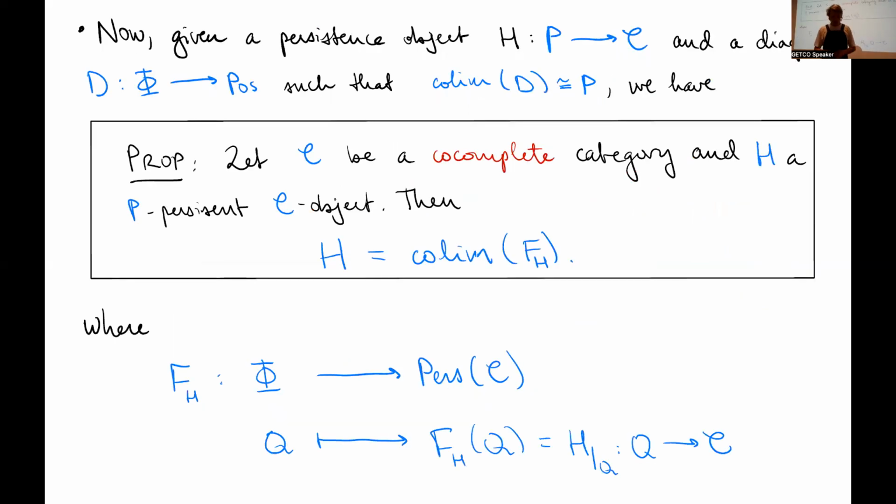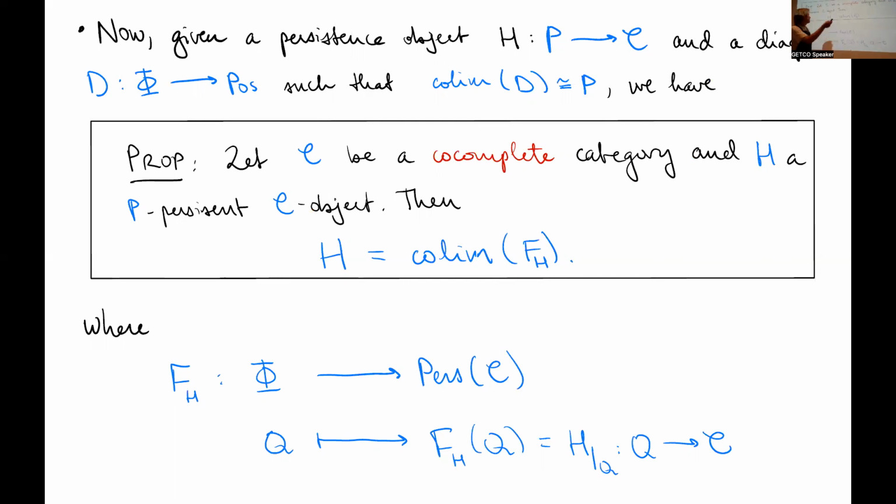Okay, so now we have some kind of result which tells us how we can, using a colimit of posets, recover a colimit of persistence objects. The setup is that we have a persistence object H, which goes from some poset into C. We have a diagram D, which is giving P as a colimit.